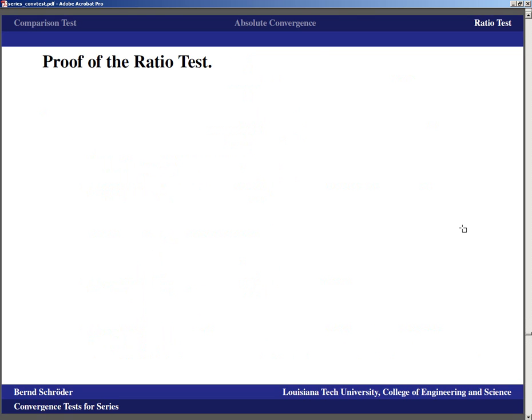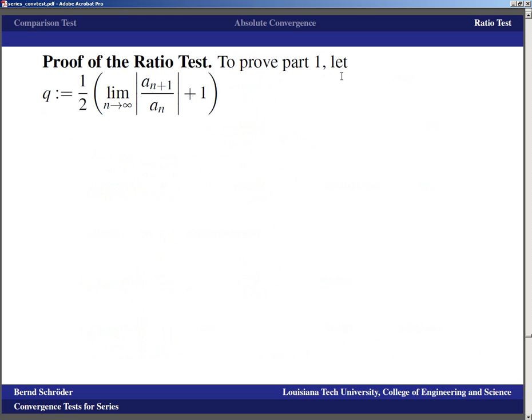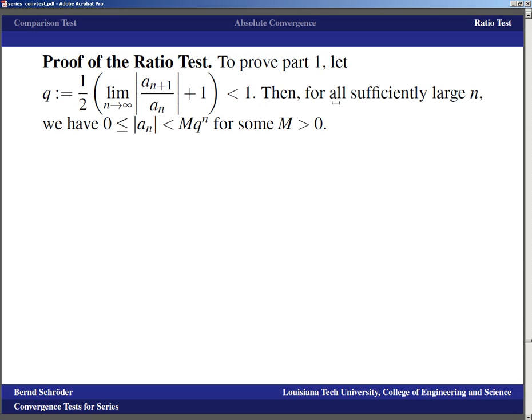In terms of proving the ratio test, it's actually not that bad. For part 1, we assume that the limit is smaller than 1, and we take the average between that limit and 1. So we take q being 1/2 times the limit of the quotients plus 1. That's smaller than 1. And for sufficiently large n, remember limits act when things get large, we have that 0 is less than or equal to a_n, which is less than or equal to some number M times q to the n for M greater than 0.